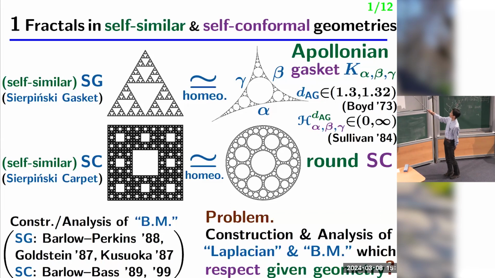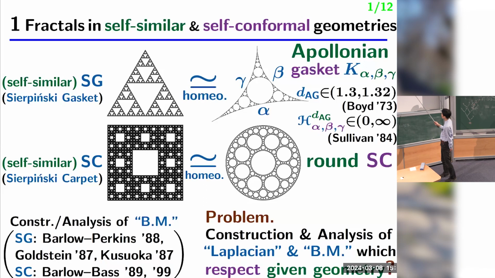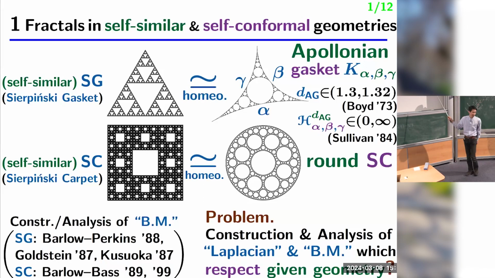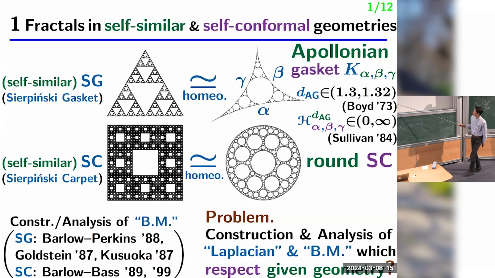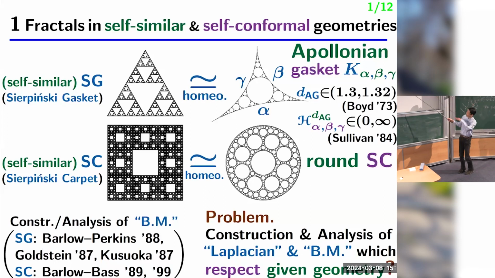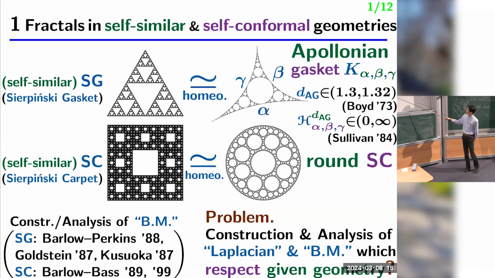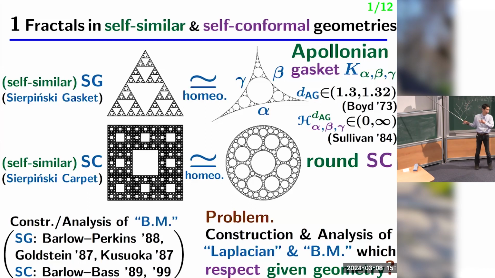As you see, these fractals on the right-hand side have entirely different geometries from these ones. So once the geometry has been changed, probably the same Laplace operator wouldn't make much sense in the new geometry.